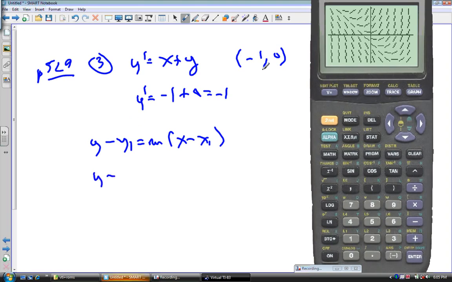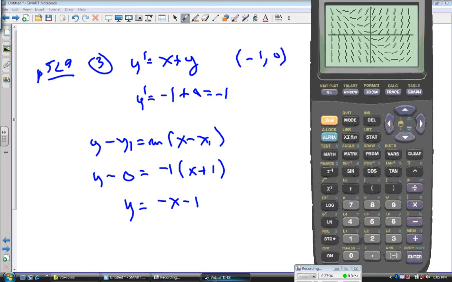So y minus 0 equals negative 1 times x plus 1, or y equals, if we distribute, negative x minus 1. That's what that looks like. A negative 1 slope, it goes through a negative 1 intercept. Very nice. So even on the slope field, you might even be able to get exact analytic results.